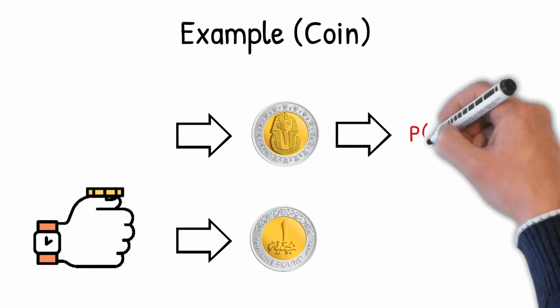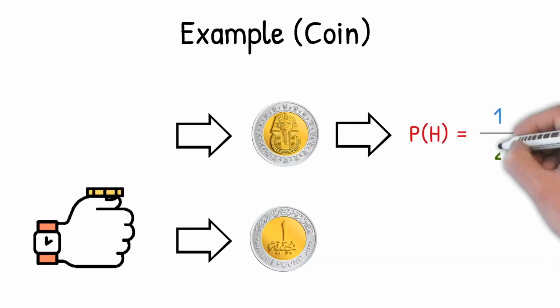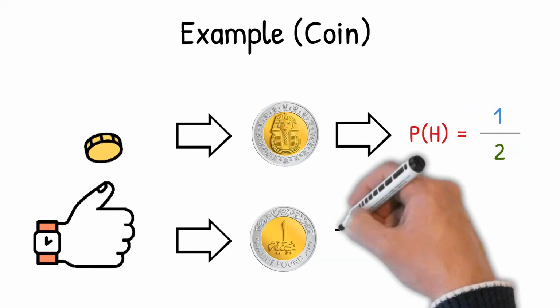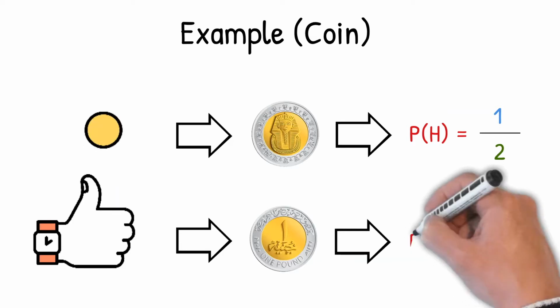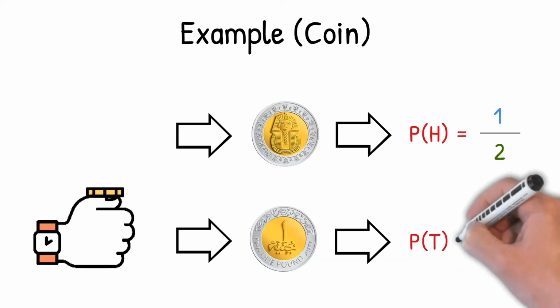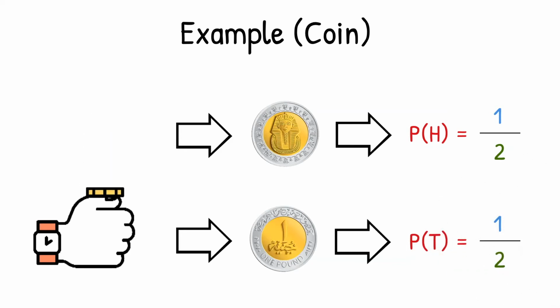So the theoretical probability to get head equals 1 over 2. On the other hand, the number of outcomes of the event to be tail equals 1, which is tail, while the number of all possible outcomes equals 2, which is head and tail. So the theoretical probability to get tail also equals 1 over 2. It is very simple and easy.